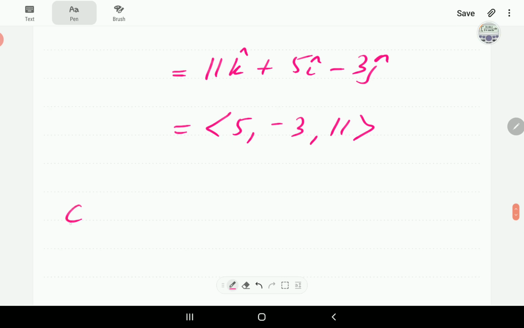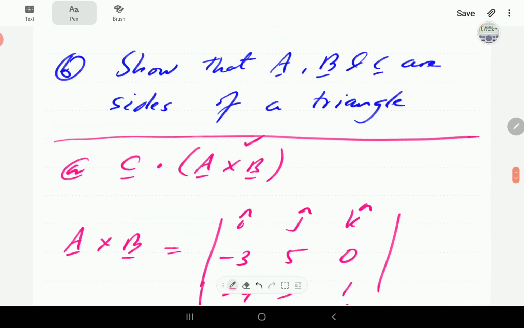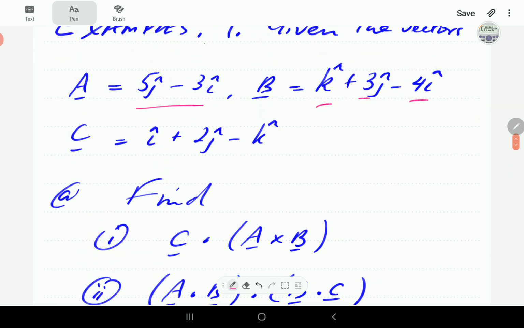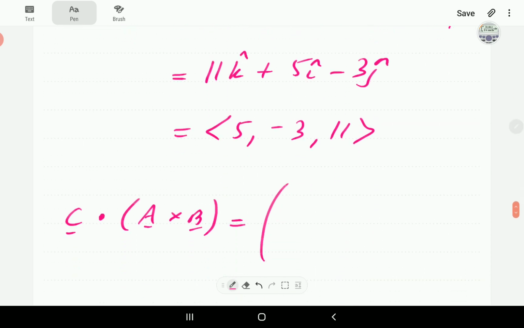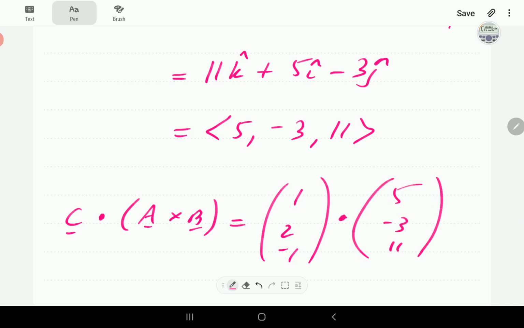And then we need to do the dot product with C. I'm going to use column vector notation now. C is 1, 2, minus 1, dot 5, minus 3, 11.